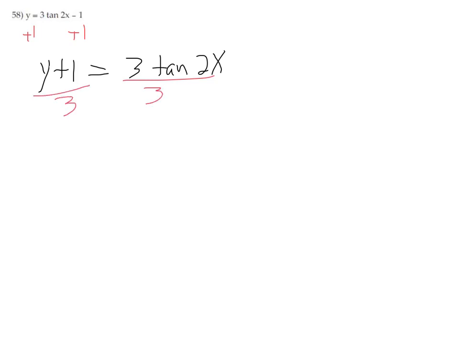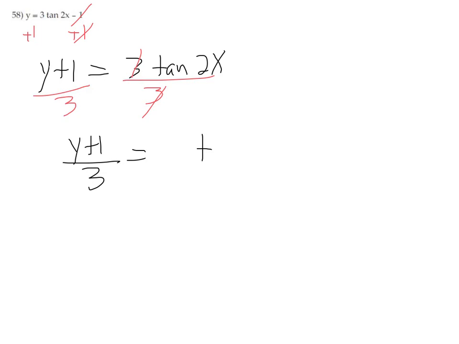Practically the same one. Solve for x. So we'll start by adding 1 to get y plus 1 equals 3 tangent 2x. Divide by the 3. Cancel, cancel. We have y plus 1 over 3 equals tangent.